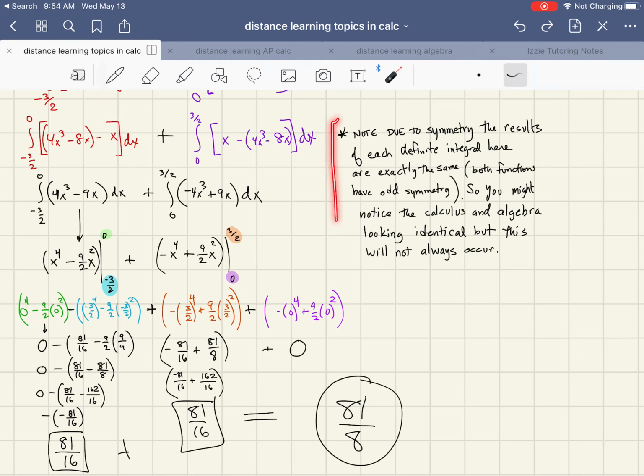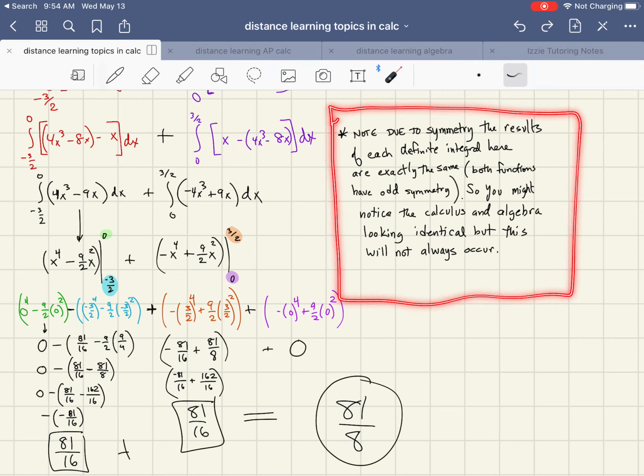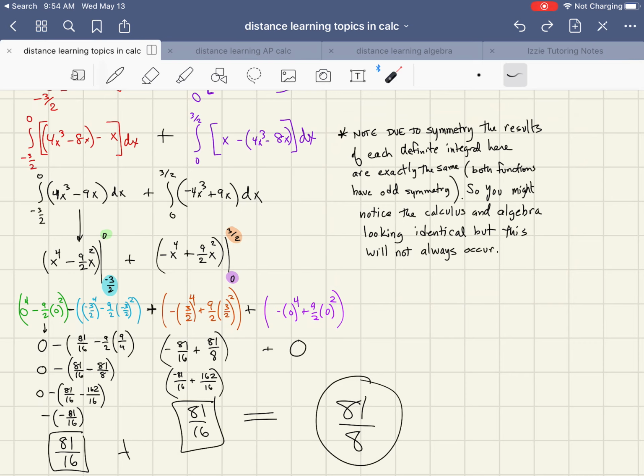I have a special note here. And maybe you recognized that the two functions are both symmetric. They both have rotational symmetry of 180 degrees, or they're odd functions. So as we go through this side and this side, we're going to notice that there's a lot of similar values here. In fact, we end up with the same exact value, and that has to do with the symmetry.